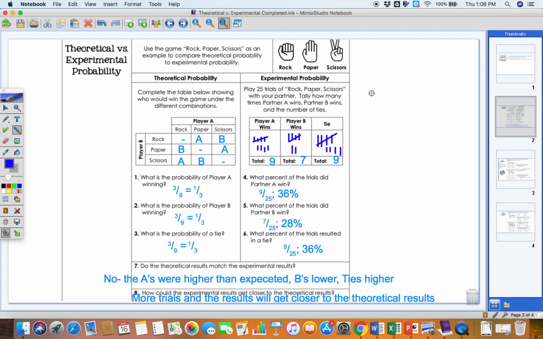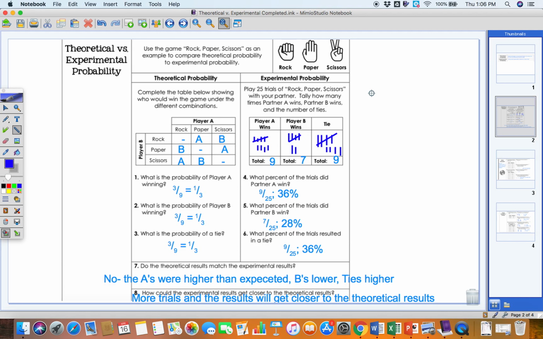So we did this 25 times, so our experimental probability was for partner A, 9 out of 25. That was 36%. Partner B won 7 out of 25 times, which was 28%. And we tied 9 out of 25 times, which was 36%.